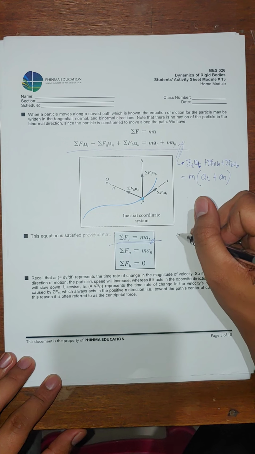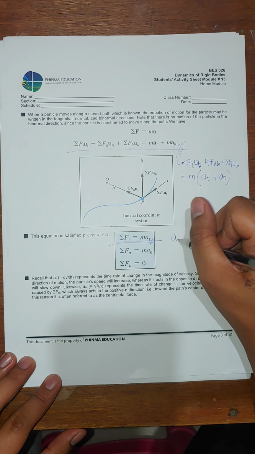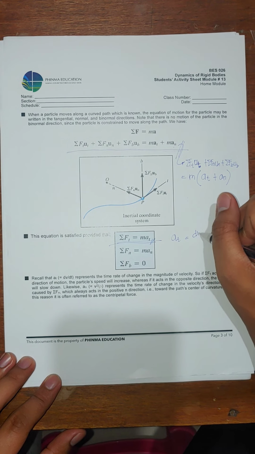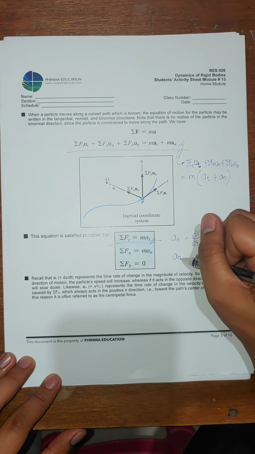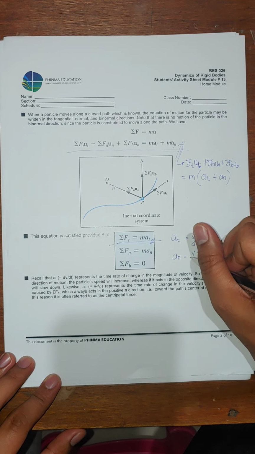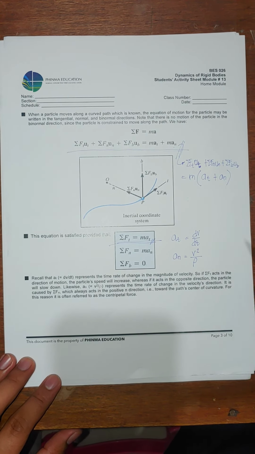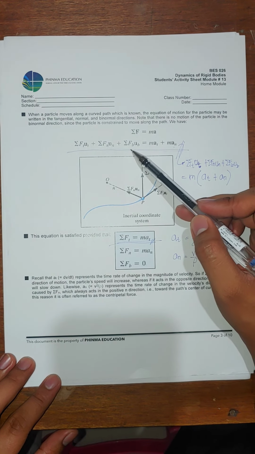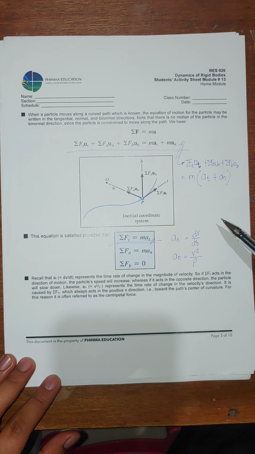So, same ra ang principle before nga nag-apply sa curvilinear motions. A sub t is just equal to the derivative of the velocity with respect to time. And then a sub n, the normal acceleration, is just equal to the square of the velocity over the radius of curvature. So, mao ra gihapon ni siya, nadugangan na lang tag binormal direction or component sa ato ang particle.